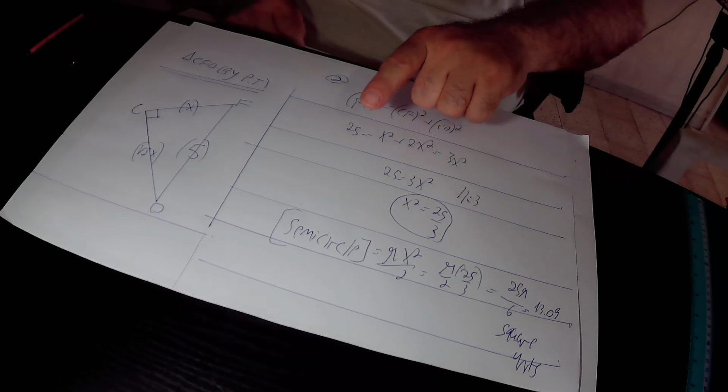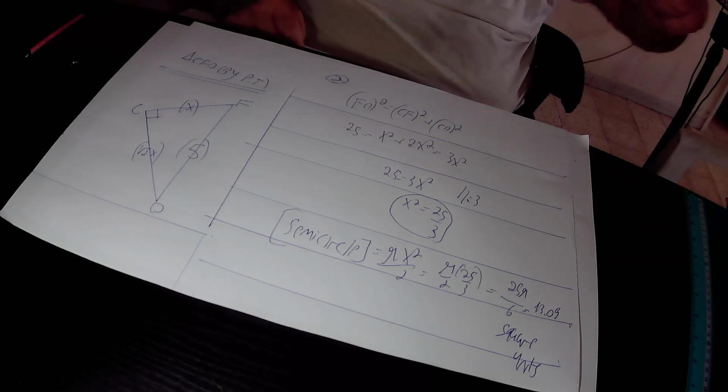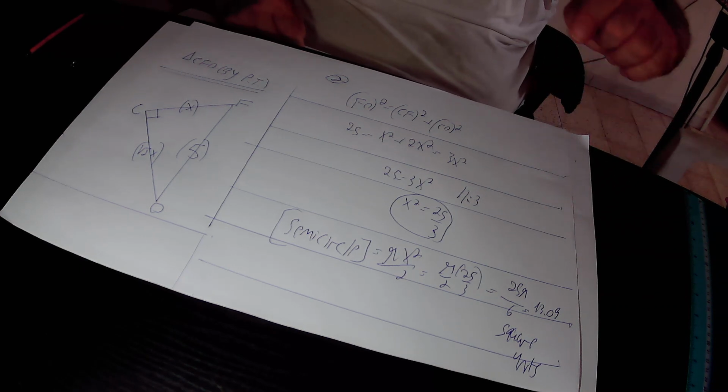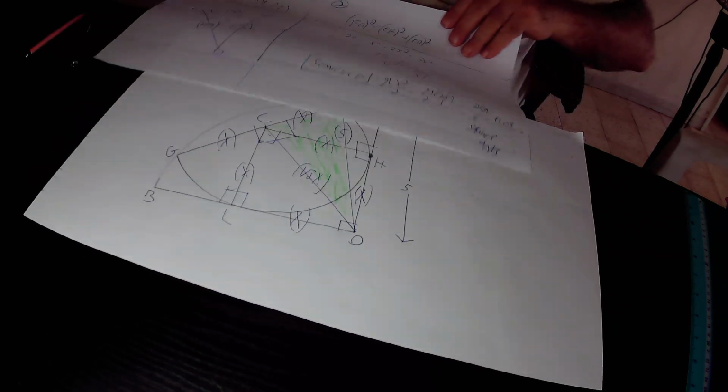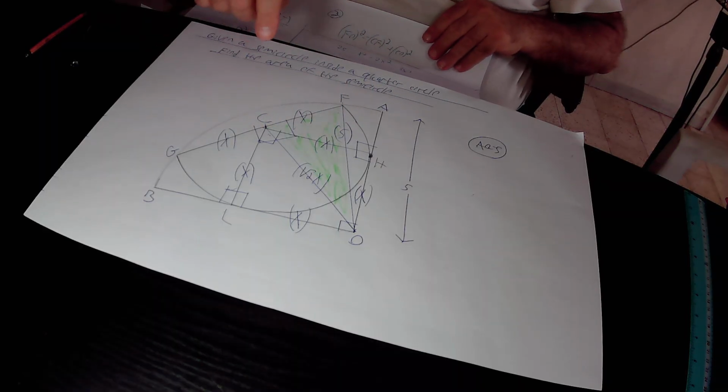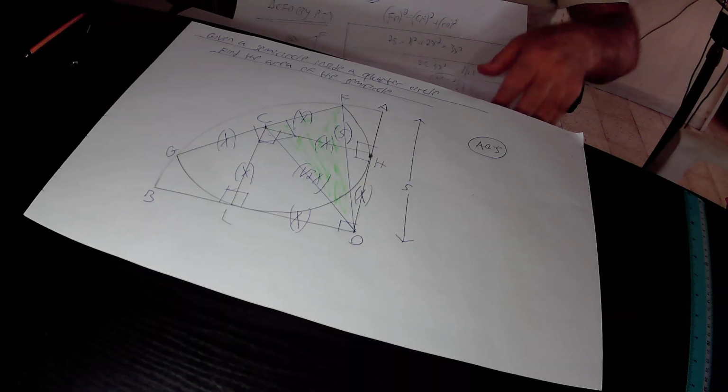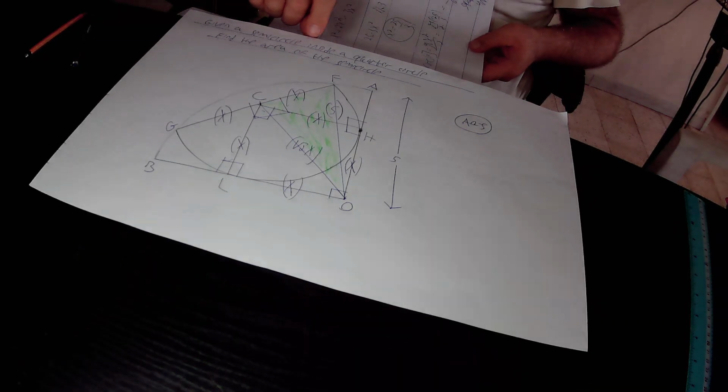So the area of the semicircle equals either 25 pi over 6 square units, or in terms of numbers, 13.09 square units. We finish with the first question. In the next step, I shall present the second question and we will solve it.